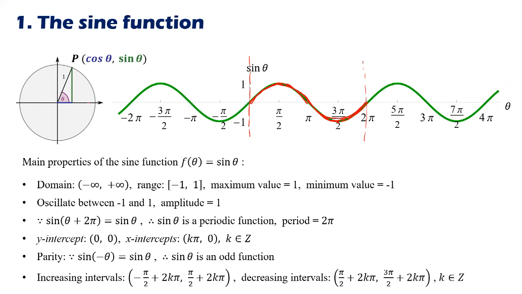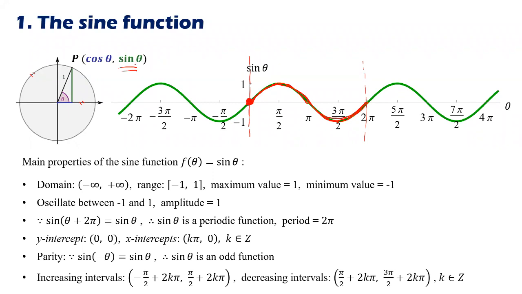Suppose this is a unit circle here with a radius of 1, and point P is on the terminal side of an angle theta. So when theta is 0, apparently sine 0 is 0, right? And when theta goes up from 0 to 1/2 pi, as you can see, the y coordinate is sine theta, right?